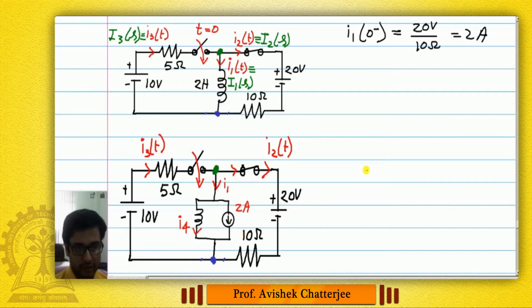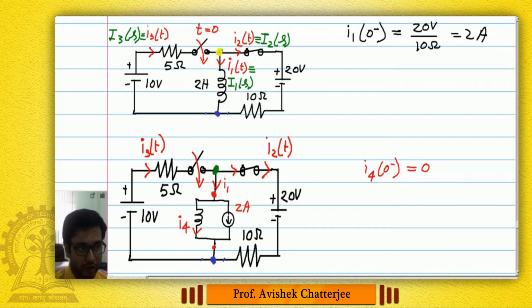Now the initial value of I4, I4(0-), is 0. So initially there is no current flowing through this inductor. However, a current is flowing through this source. Therefore, from outside, you will see that the same value of I1 is flowing initially. It is not flowing through the inductor, but it is flowing through the source.